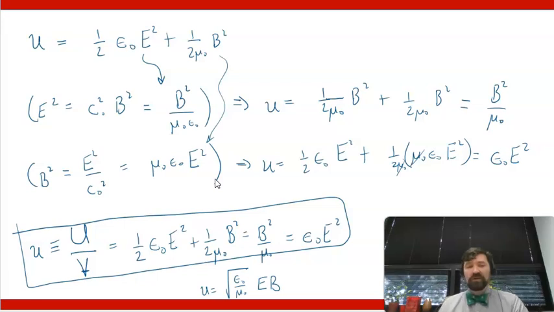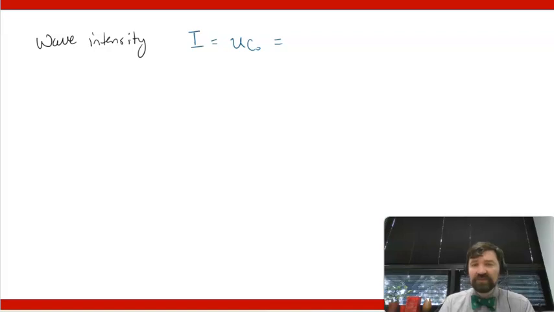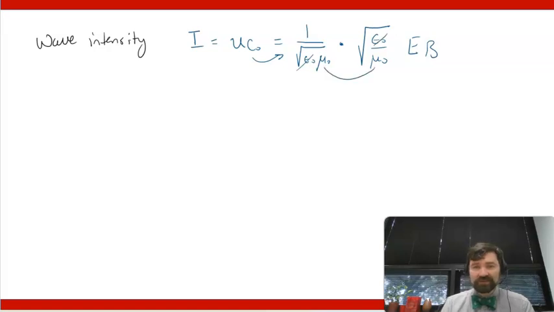So I could come back over here and say that the intensity is equal to C naught, which again is 1 over square root of epsilon naught times mu naught, times square root of epsilon naught over mu naught times E times B. If we cancel some like terms and combine others, my intensity is E times B over mu naught.